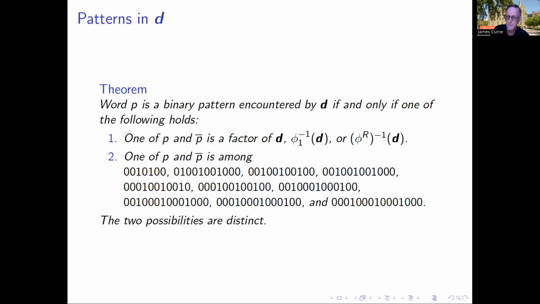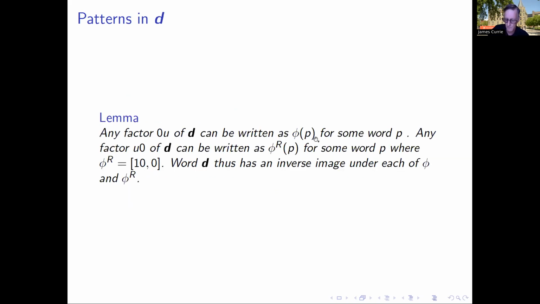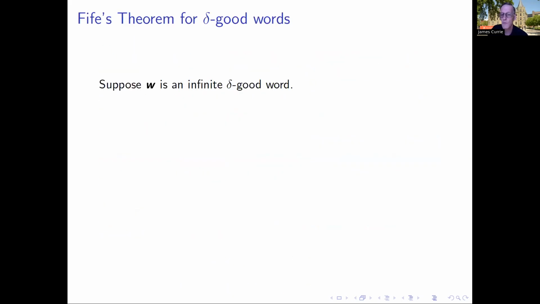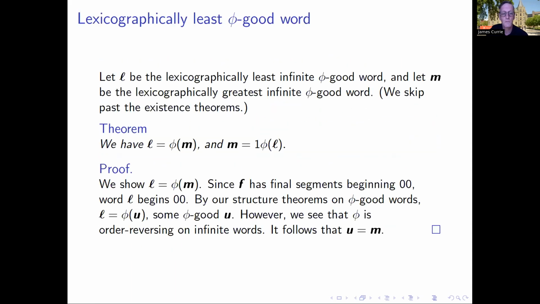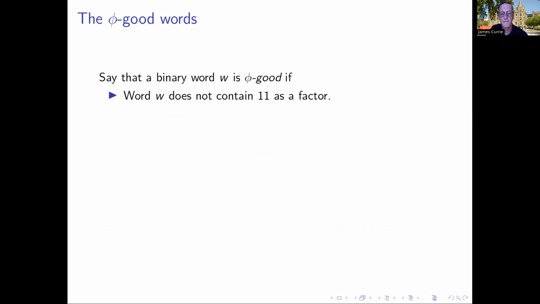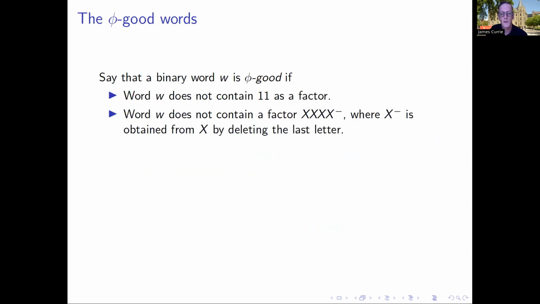I have to say that if we go back to the definition of phi good words, that's a pretty simple definition. For historical reasons, we're interested in overlap-free words, but this is a pretty simple class of words. I'm not claiming that it's inherently interesting on its own, but the connection to the Fibonacci words makes it interesting.